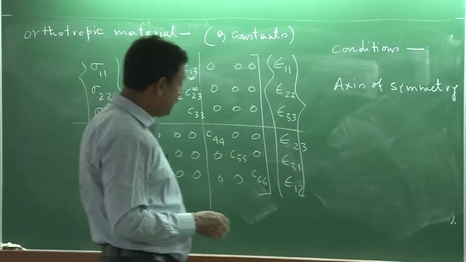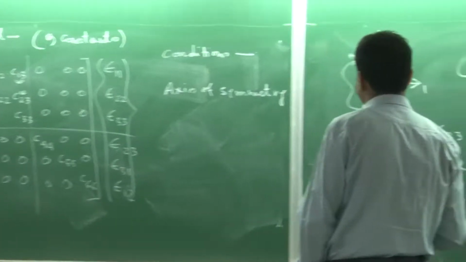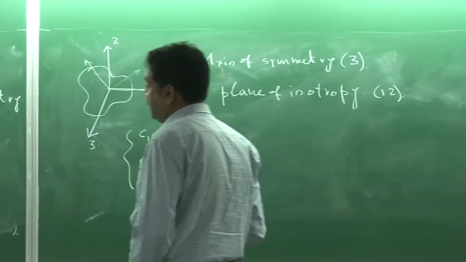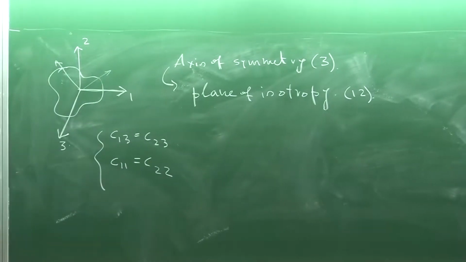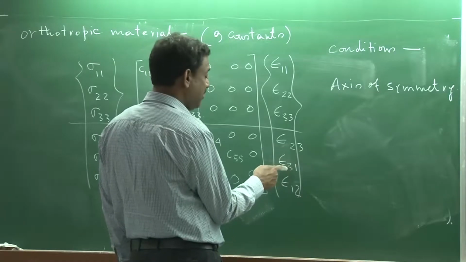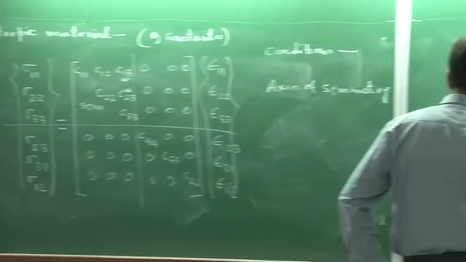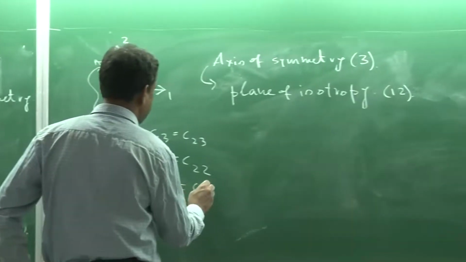And also, if you apply shear stress involving axis 3, that means epsilon 23 and epsilon 31, then C44 must be equal to C55.